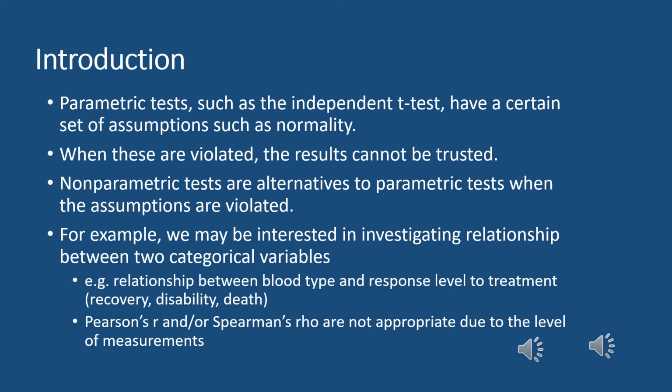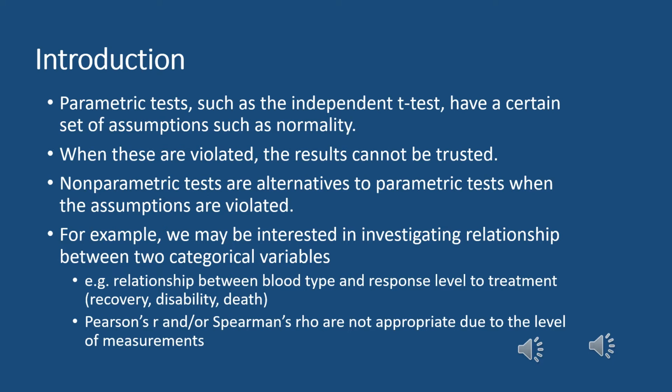So far we have been studying parametric tests, and we have learned that they have assumptions such as normality, and that when these assumptions are violated, we can't trust the results. So non-parametric tests are alternatives to use when assumptions are violated. For example, we might be interested in investigating the relationship between two categorical variables.